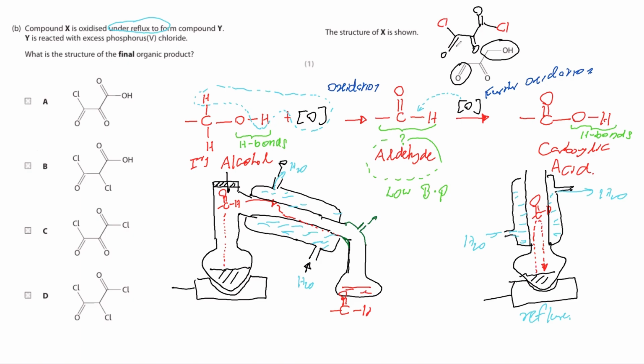Which structure looks like that? Is it? Yes, this one. Yes, that's the one which looks like our product. So the answer for question number 11B is C. Right. Let's go for the next one.